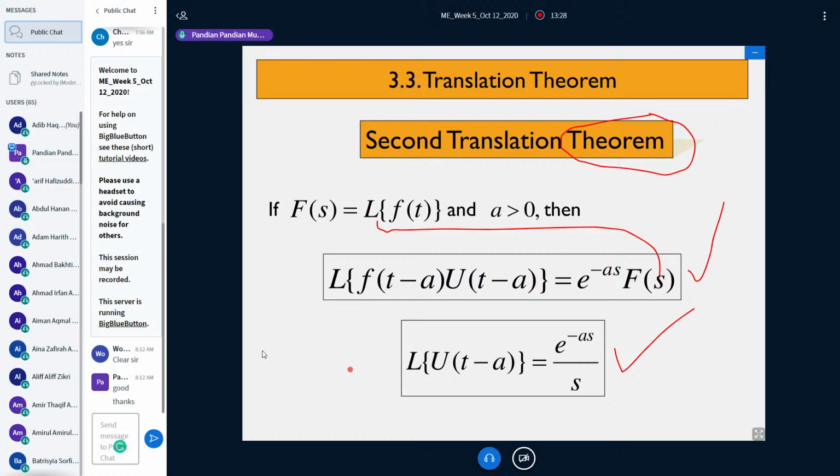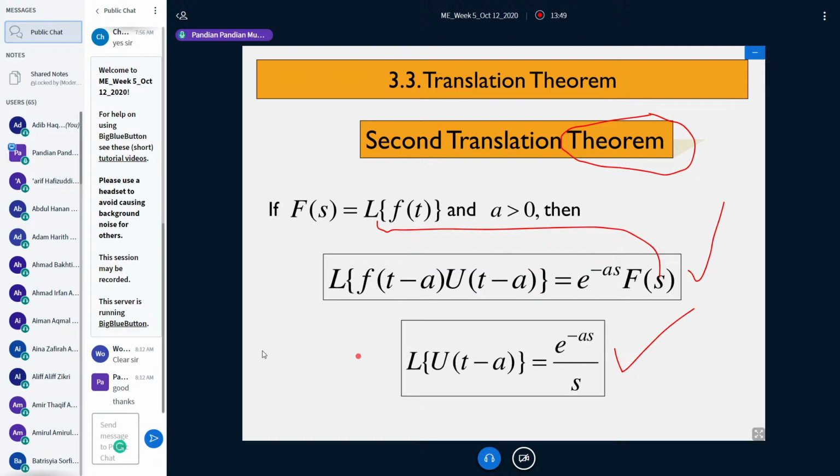You may ask, will this formula be given or not? Or what is the way we can memorize it? Of course, it's very hard for you to memorize, but normally these formulas are available in the form of a table.